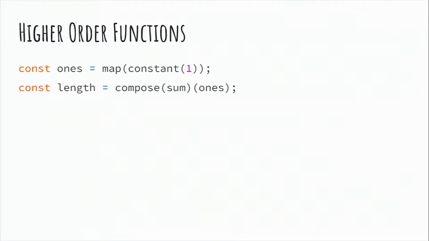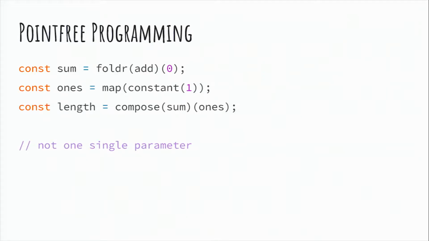And then we have a length function, and that's just the composition of turning stuff into ones and then doing a sum. Now we have three functions that we defined without using a single parameter. And this is called point-free programming.